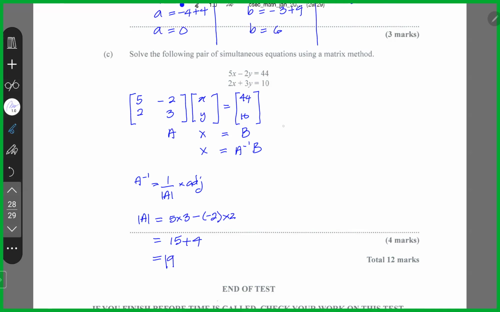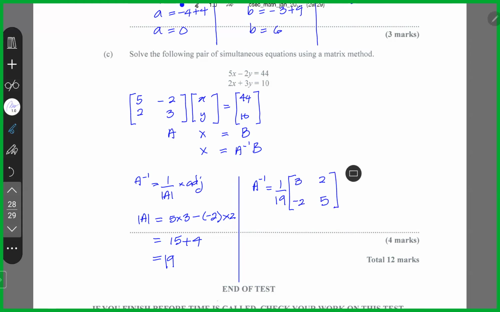And so A inverse is 1 over 19 times adjoint A. Now, to get adjoint A, I'm going to interchange the leading diagonal elements of A. So I'm going to switch around the 5 and the 3. The 2's stay where they are, but their signs change. 2 and negative 2.